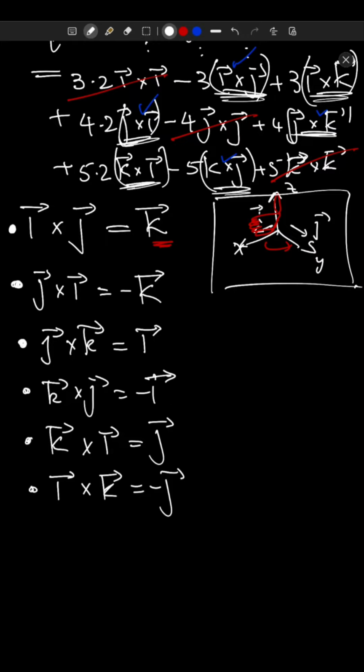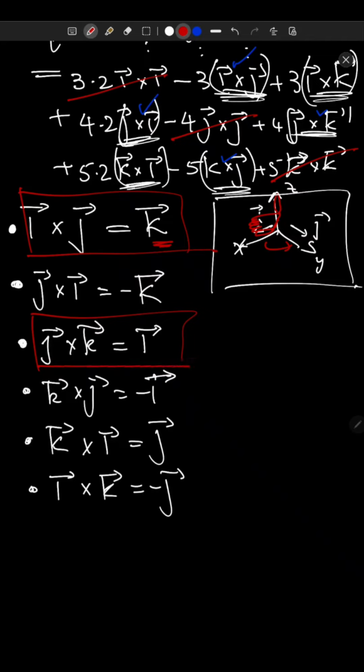Okay, probably the easiest way to remember these so that you don't have to contort your hands every time is to remember this one, and to remember this one. And how do you remember these? It's actually super easy. You just have to remember the ordering i, j, k. So this one, the first guy, i, j, k in order.